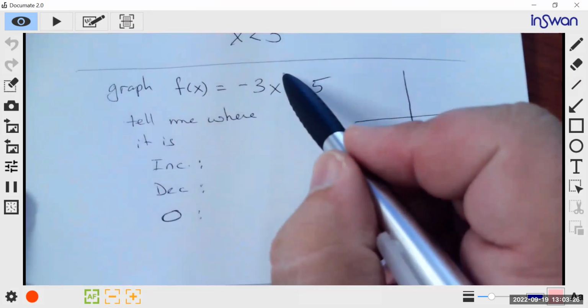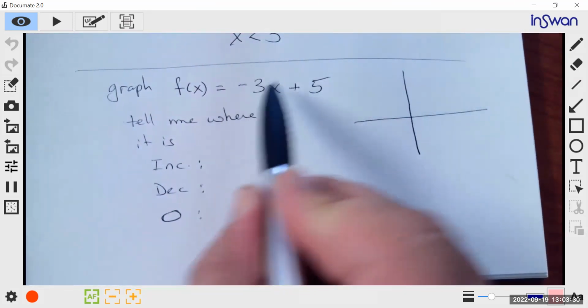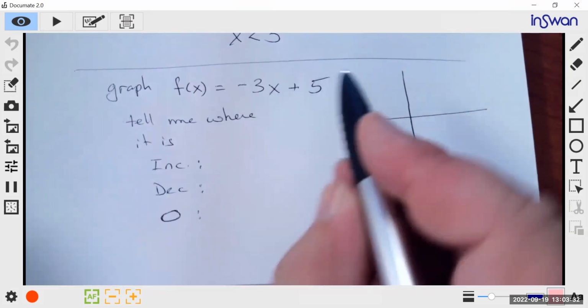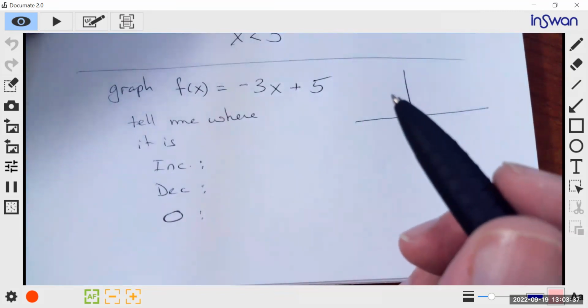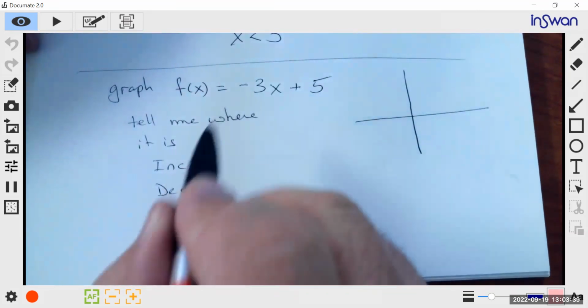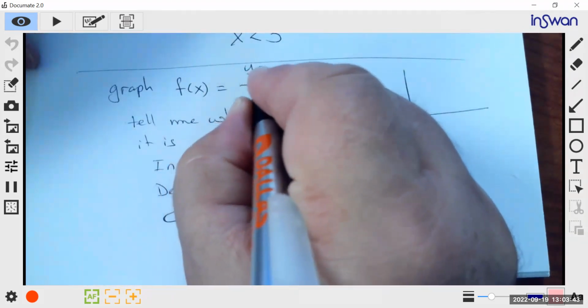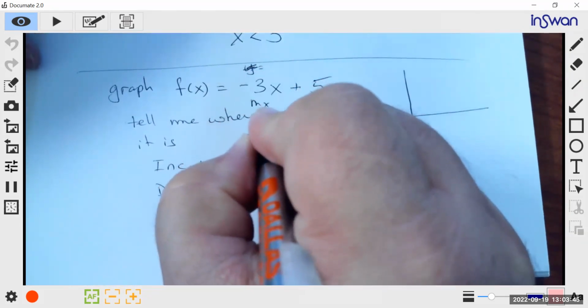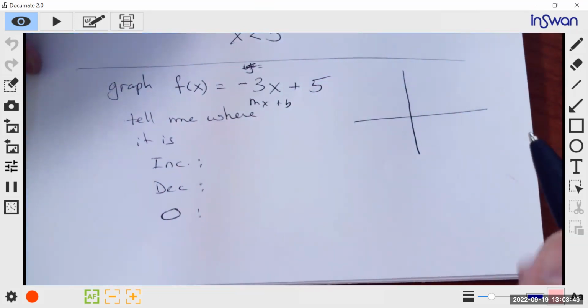Well, it has no exponents, no special operations, there's no fractions, and x is not on the bottom. Because of that, we know it's a line. Therefore, it's called a linear equation. And it's in what form? Yeah, mx plus b.